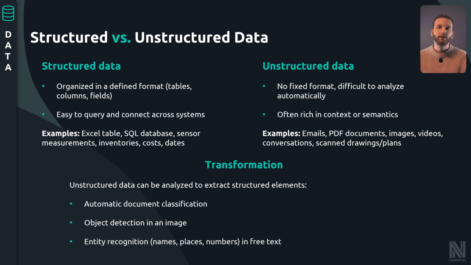Another critical distinction is structured versus unstructured data. Structured data is organized in a defined format. Tables, columns, fields, Excel spreadsheets, SQL databases, sensor measurements, easy to query and connect across systems. Unstructured data has no fixed format.